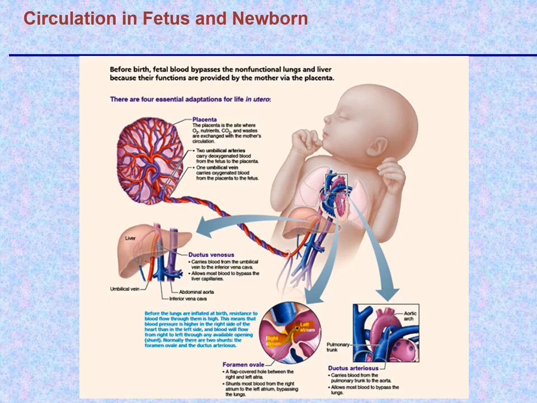Here's the ductus arteriosus. It's actually sometimes even a bigger structure, curving across from the pulmonary trunk into the aortic arch. Here's the ductus venosus bypassing the liver, not sending the blood into the liver via the portal hepatic vein, but going past it into the inferior vena cava.